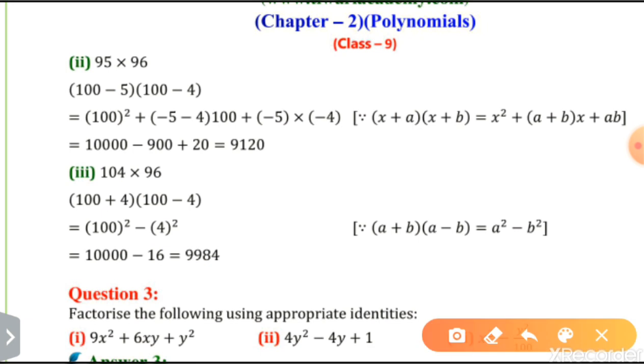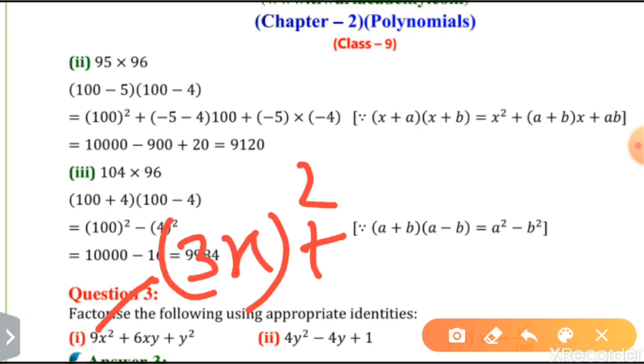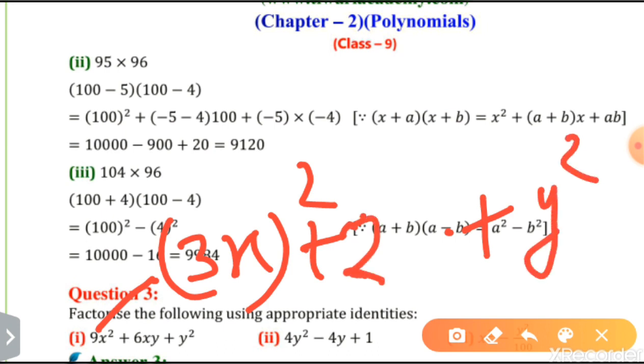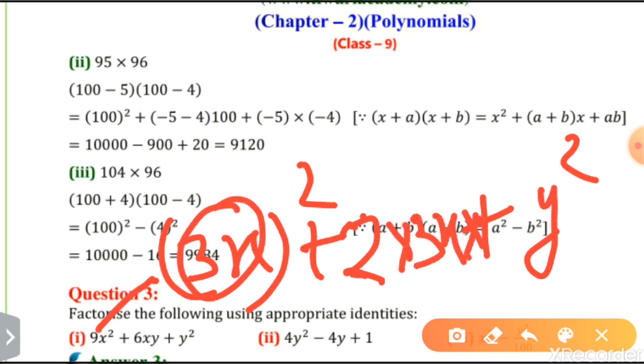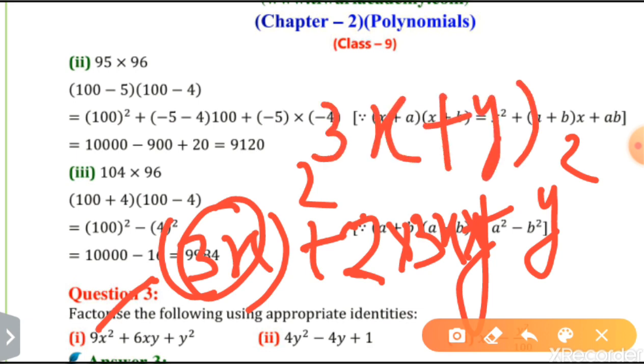What is a? It's 3x square. And what is b? b is y square. And what will be 2ab? It's 2 times a, a is 3x, and b is y. So we can write it as (3x plus y) whole square.